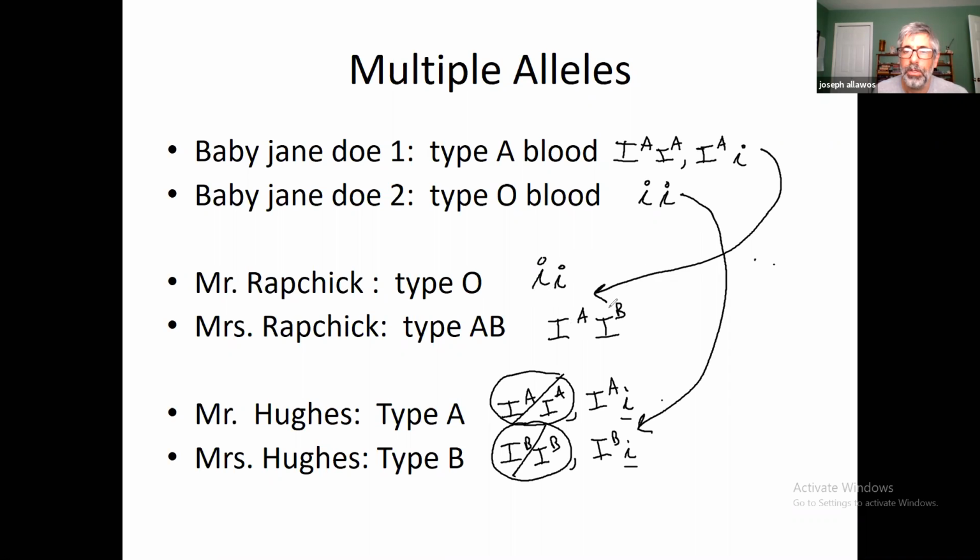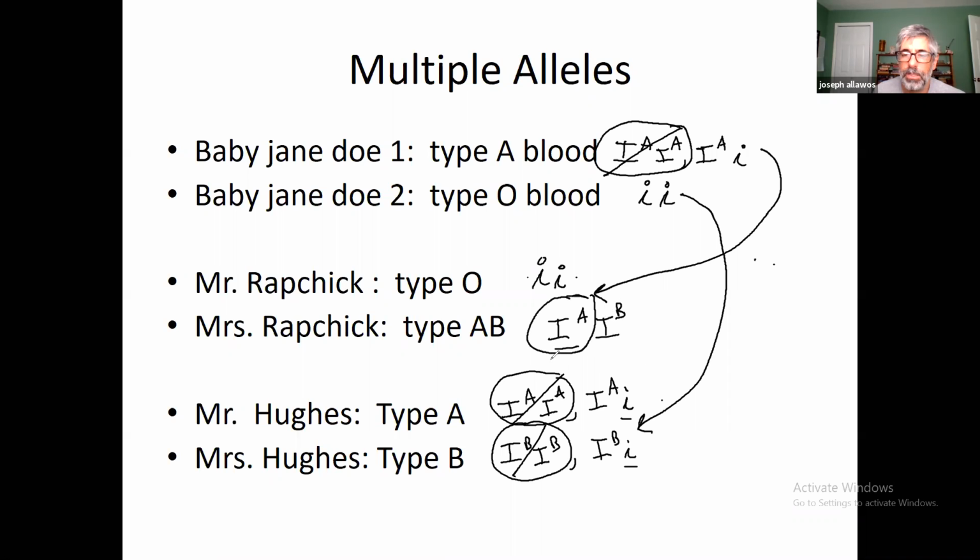So we know that the baby had to get a little I from Mr. Rapchick. And so that means we can eliminate this homozygous dominant genotype. And so it just turned out that the baby got a little I from his dad or her dad, and an I to the A from her mom. Could have just as likely gotten an I to the B, but didn't. Okay, so there you go.